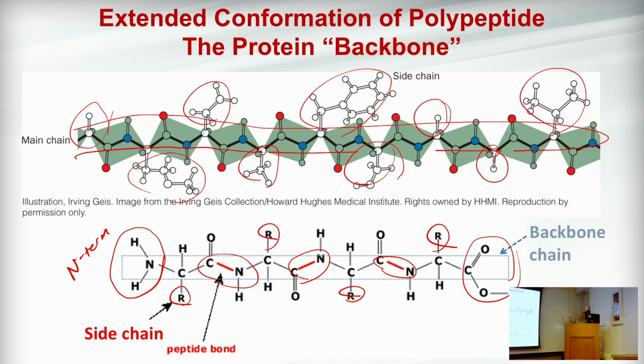Now, if you're looking at this, and I have a planar piece like this, and I have another planar piece like this, and I can rotate here, what happens when I get over on this side?